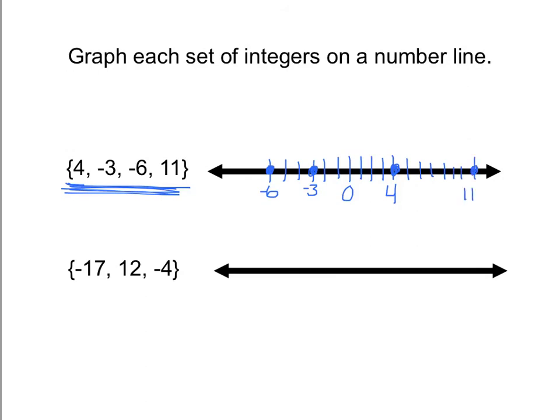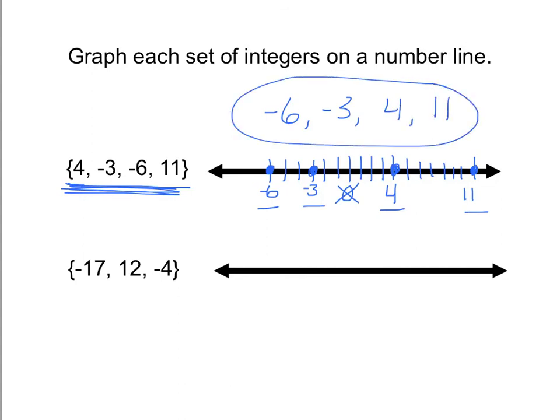Place a dot. Now notice that 0 was not actually on my list. So if I wanted to list these from smallest to largest, I have them done. Right here is my order. Negative 6, negative 3, 4, 11. It is the easiest way to line up numbers from smallest to largest and always be accurate.